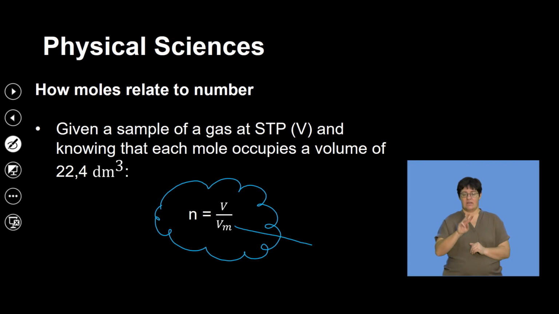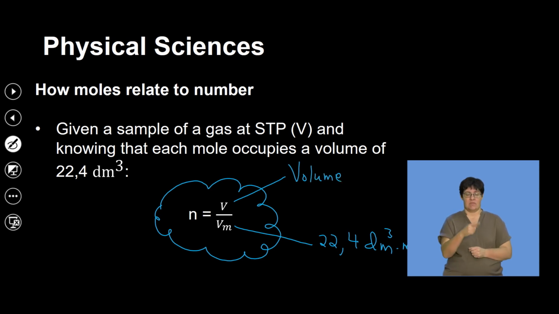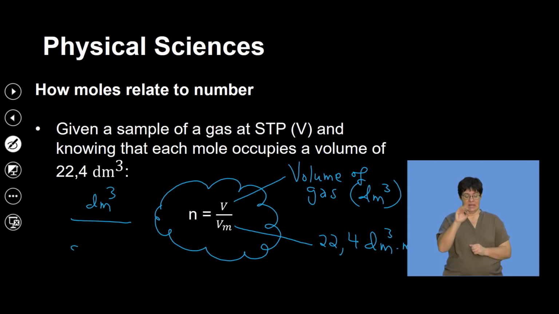This molar volume is 22,4 cubic decimeters per mole, while this is the volume of gas in cubic decimeters. That's why it is cubic decimeters for the volume divided by cubic decimeters per mole.